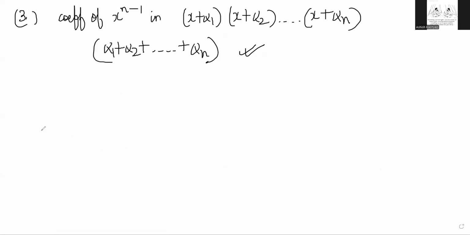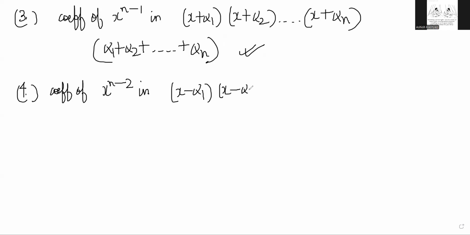Now let's do a slightly less obvious part. The coefficient of x power n minus 2 in the same expansion, (x minus alpha 1)(x minus alpha 2) till (x minus alpha n), right?